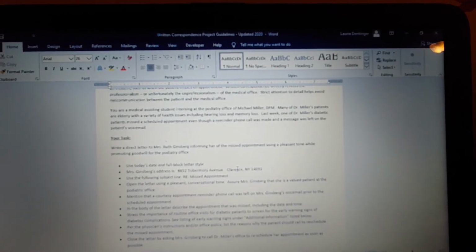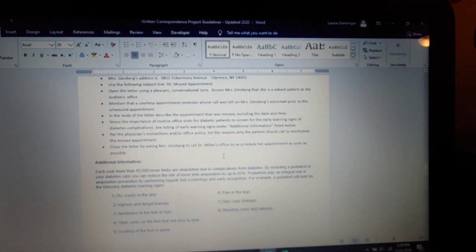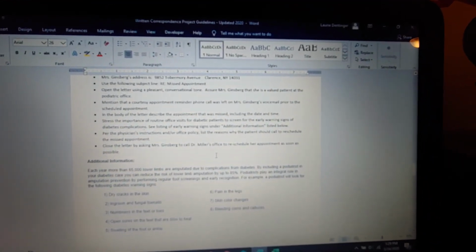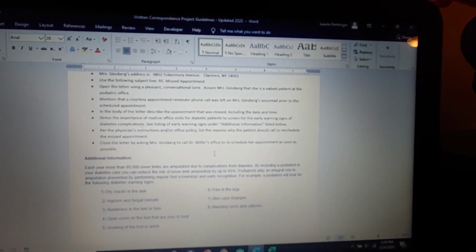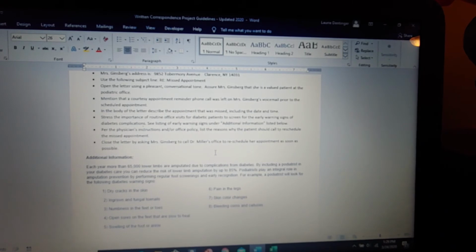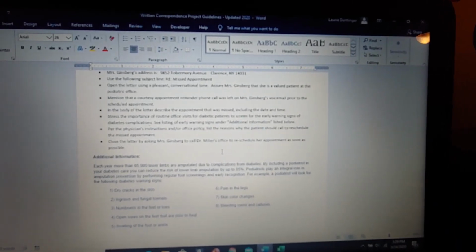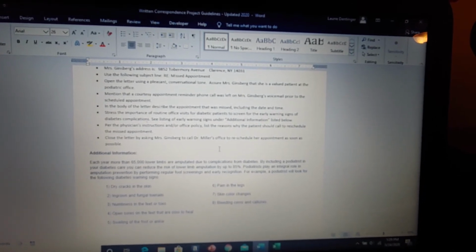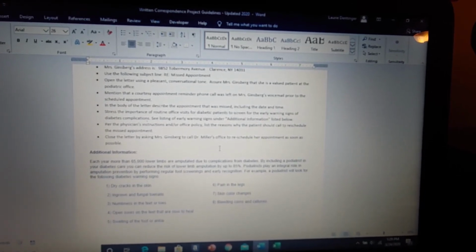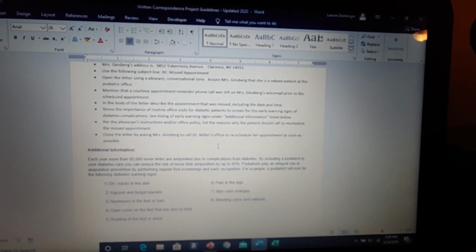If you look down at the bottom of the assignment sheet under additional information, there is a lot of information there as far as what podiatrists look for in the feet of their diabetic patients. There's also some information there about diabetic patients having limbs amputated due to complications. Please don't tell Mrs. Ginsburg that she's going to lose a leg because she missed an appointment. That information is just there for you.